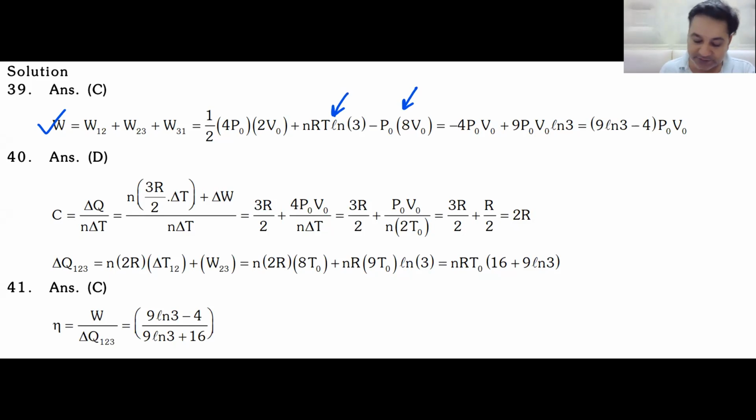Great. Then to get the value of C, what you've got to do is find out the heat. The heat, delta Q equal to nC dT. Then C equals delta Q by n dT. How did you calculate the value of delta Q?